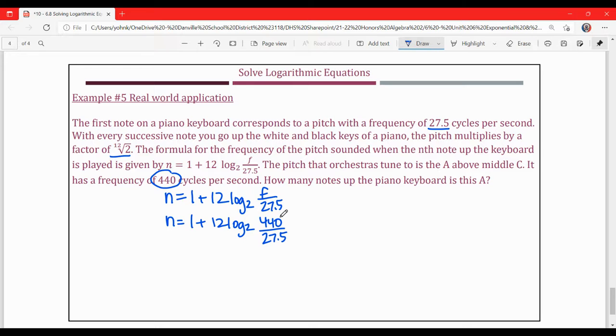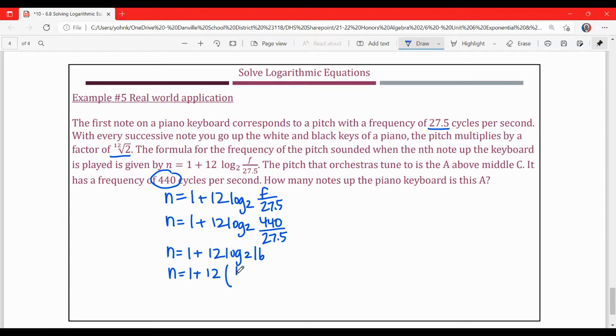So let's see. I can use my calculator and divide 440 by 27.5. N equals 1 plus 12 log base 2. And if I do 440 divided by 27.5 on my calculator, I get 16. Well, then I can calculate what log base 2 of 16 is. So 1 plus 12.